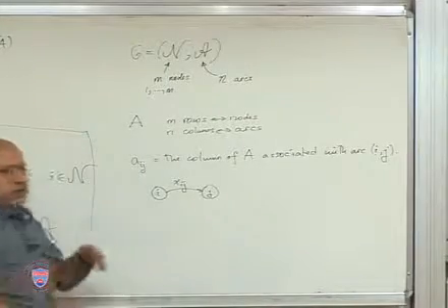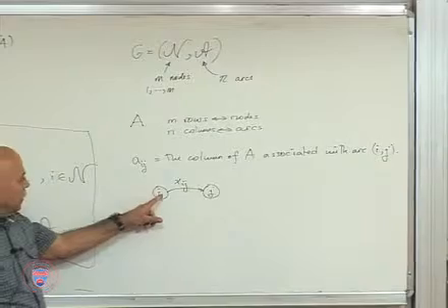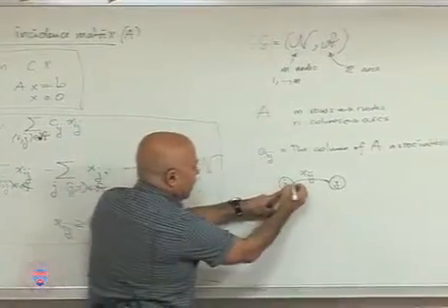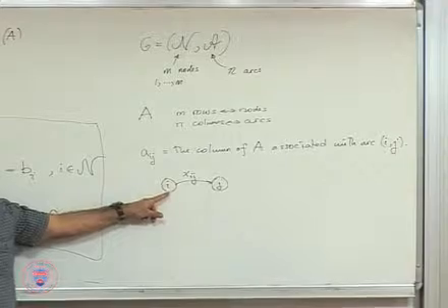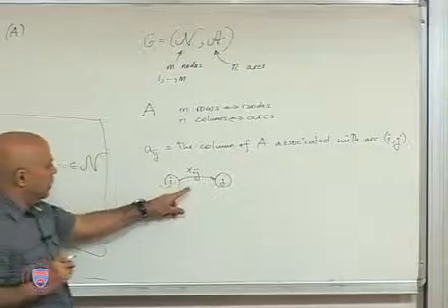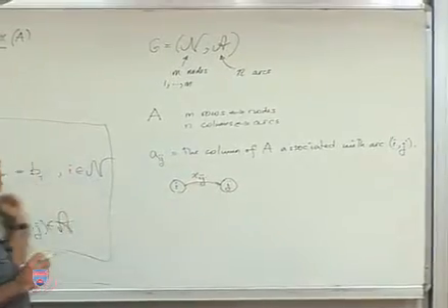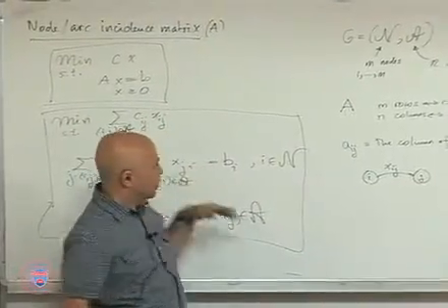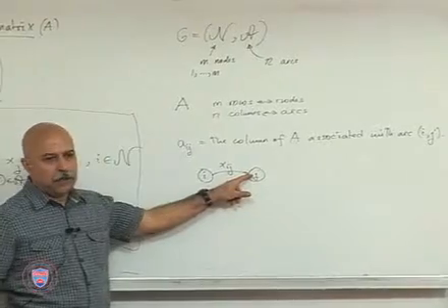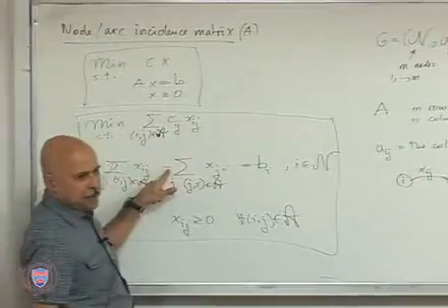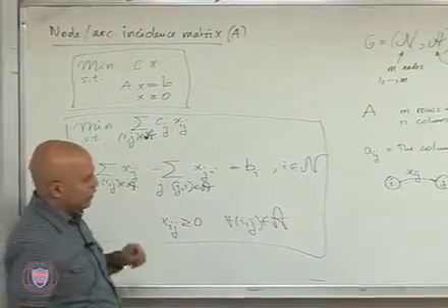Of course, there's also the rest of the network here. Now, when you look at the node flow conservation equation for node i, xij will show up as an outflow in that particular equation. Okay? But when you look at the flow conservation equation for node j, which is another equation in the system here, this will show up as an input or inflow. So the inflows are negatively signed, outflows are positively signed.